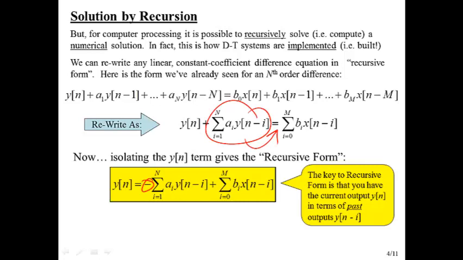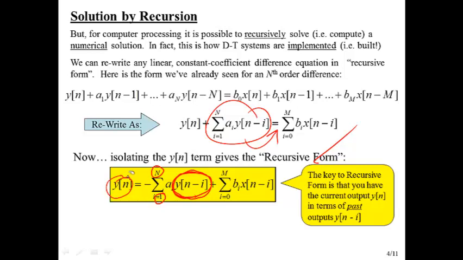And here's the key to the recursive form. The thing that you have left over here, compared to the output terms that you have over here, these all have to be past values. So notice that our i goes from 1 to n.